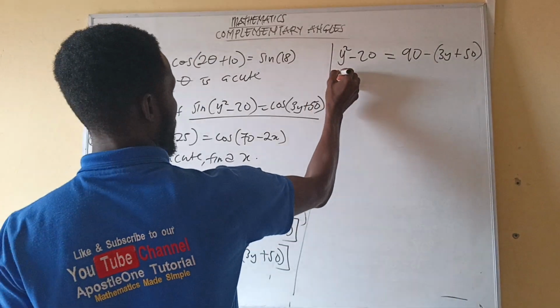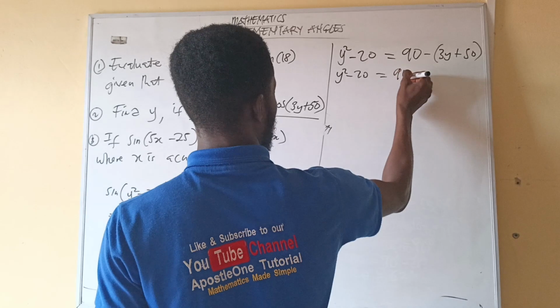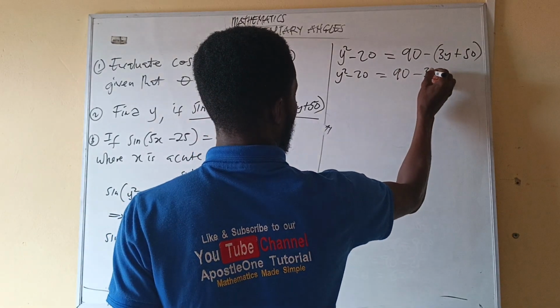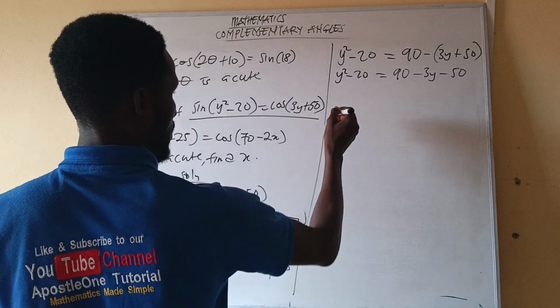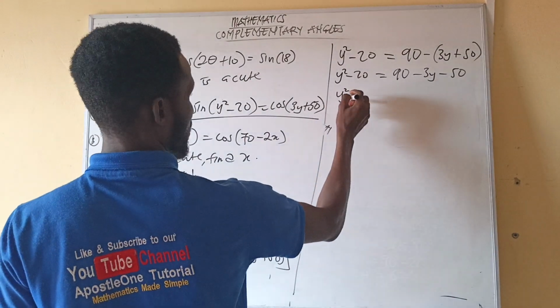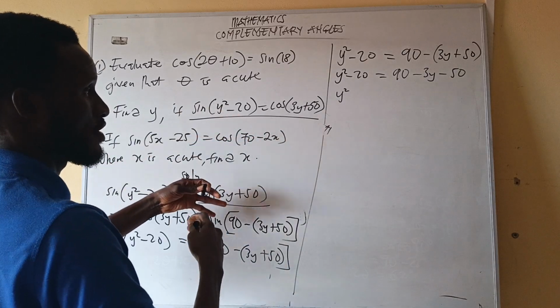Now we're going to get y squared minus 20 is equal to 90. Negative times this one gets negative 3y. Negative times this one gets negative 50. Now, since I have y squared, let me group all of them to one side of the equation.